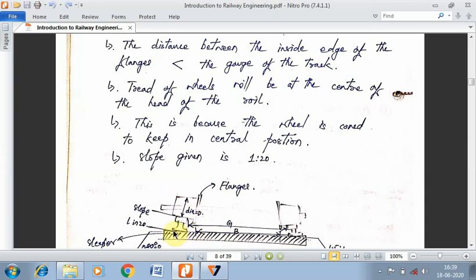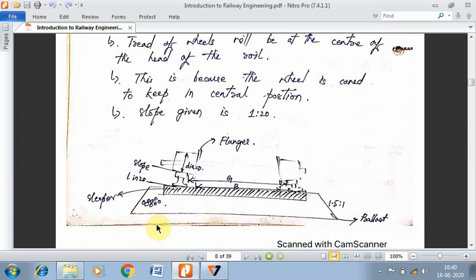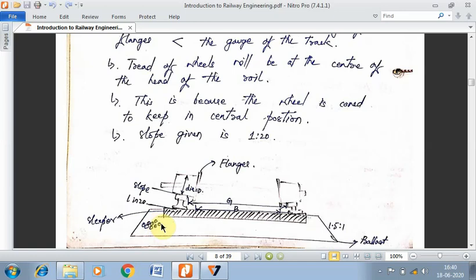Okay, so the surface of the sleeper which holds the rail will also be sloped to this particular slope, that is 1 in 20, right? So this process of introducing the slope on the tread of the wheel is called coning, right?